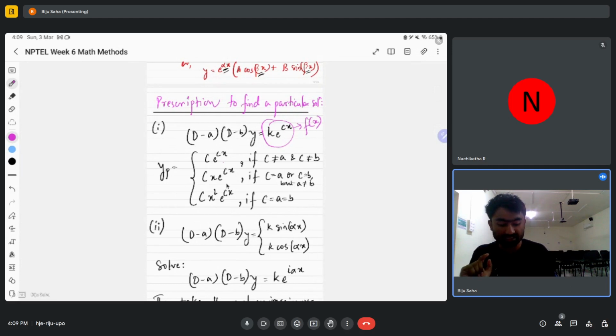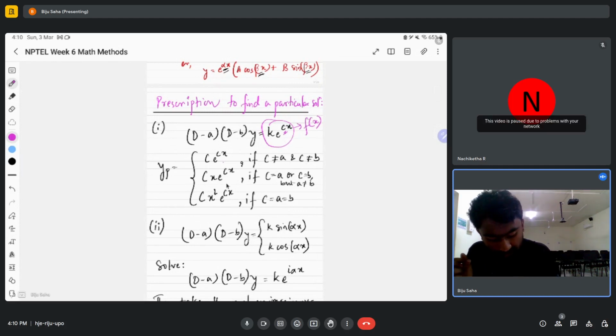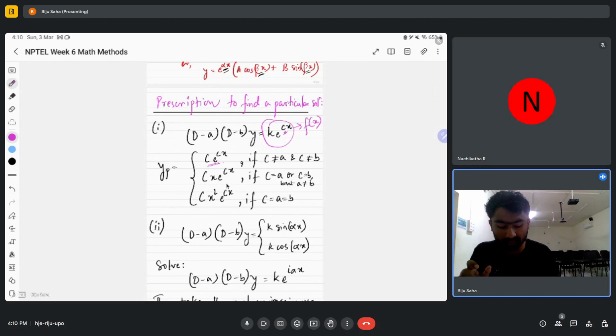First case is when the exponent occurring in the right hand side, that is the c in the exponent, is neither equal to a nor equal to b. In that case, the yp takes this form. So this capital C is again an arbitrary constant that needs to be determined.